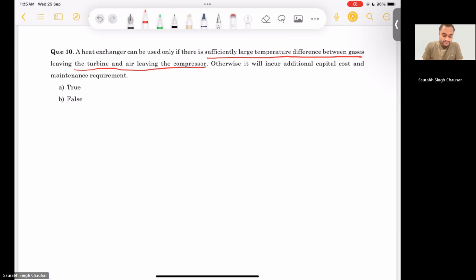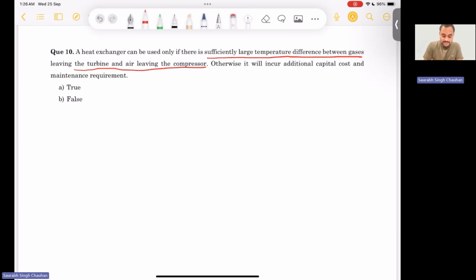So if there is not sufficiently large temperature difference, then it will incur additional capital cost and maintenance requirement. So yes, it is correct, right? We cannot blindly put extra equipment. It is not like we will make the system complicated and it will always be beneficial.